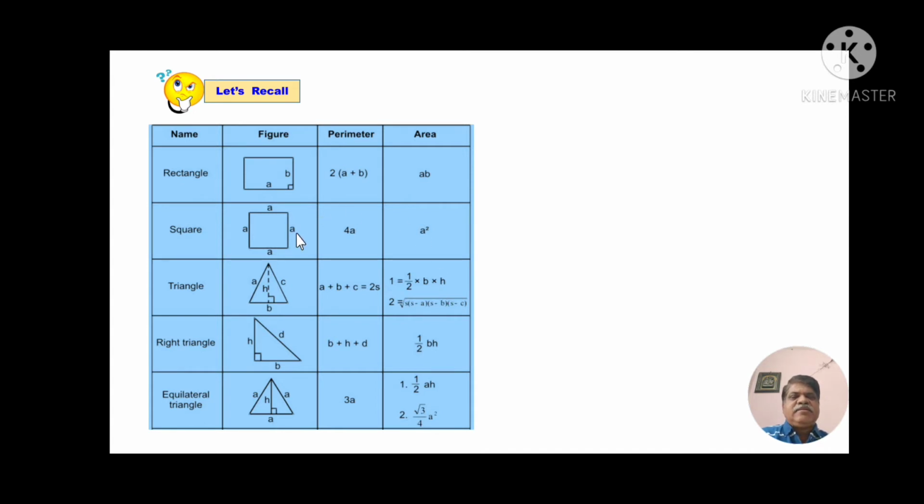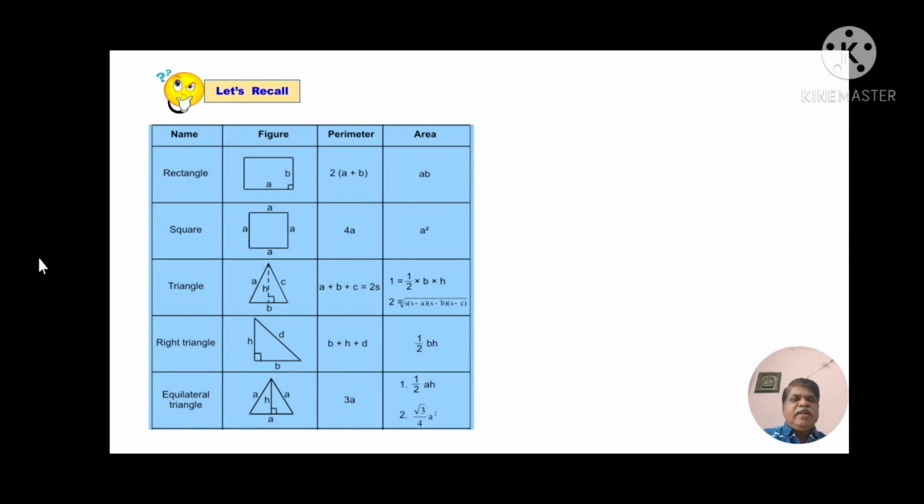Then next is the right angle triangle whose sides making the right angle are b and h. At that time its perimeter will be b plus h plus d. D is the diagonal, hypotenuse, and area is half into b into h.